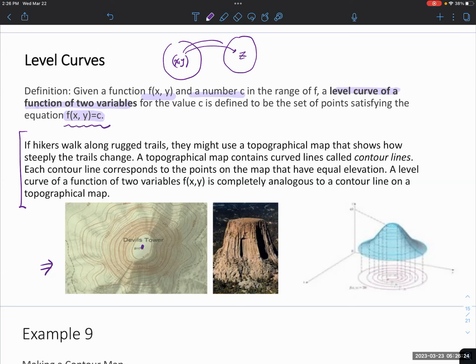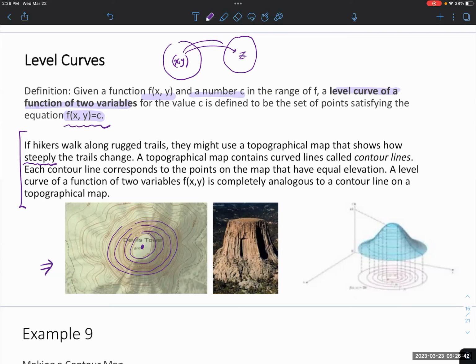But it looks like you have a lot of layers going on to get there. So let's say this is a topographical map, and it shows how steeply the trails change, okay?